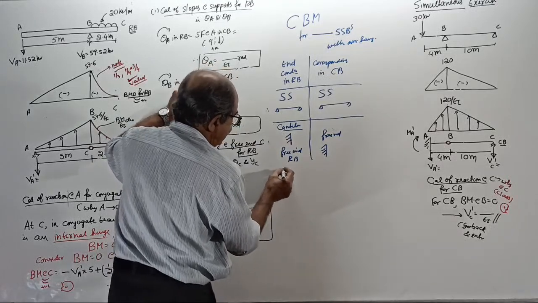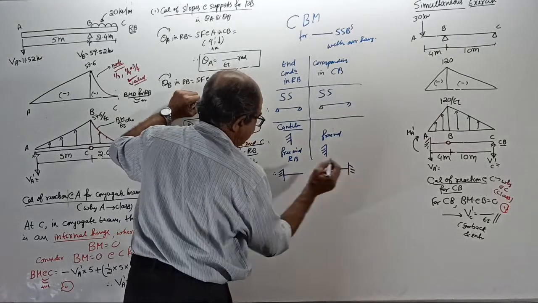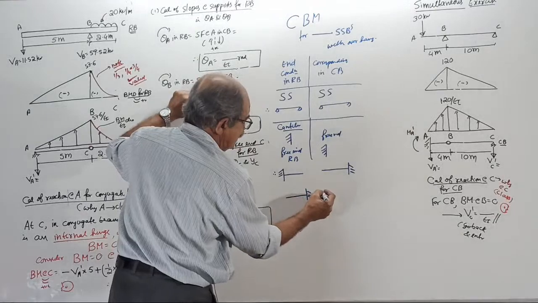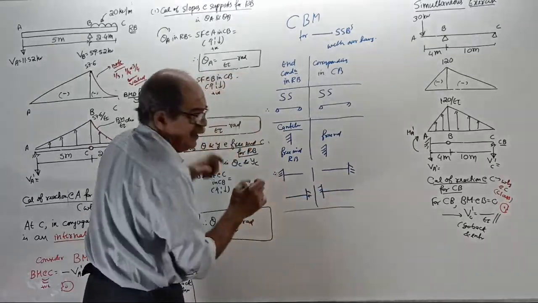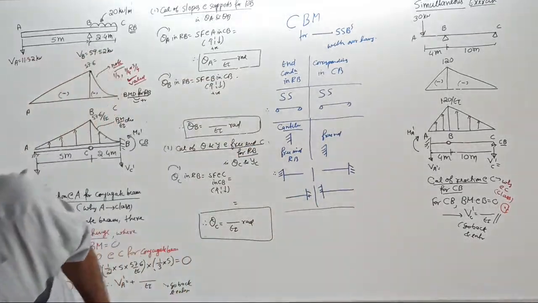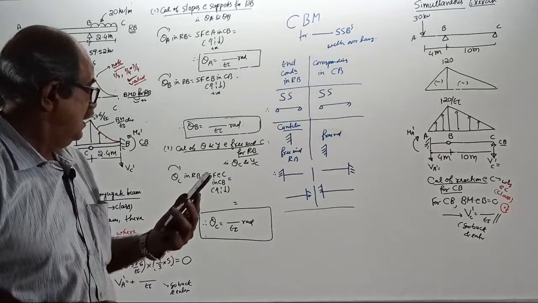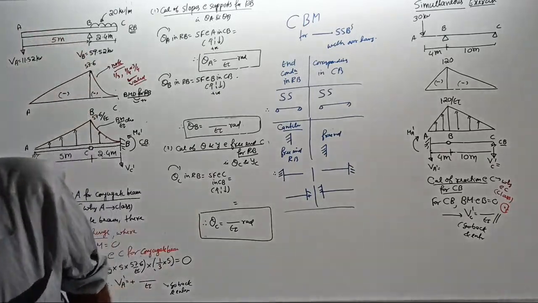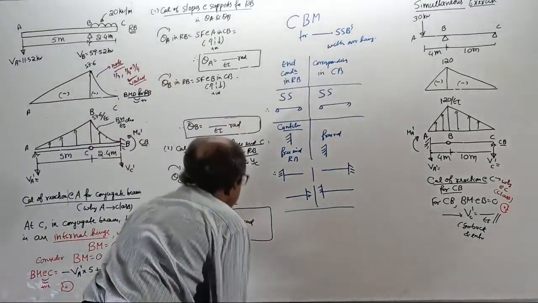Therefore, if the cantilever is like this, conjugate beam will become like this. Whereas if the cantilever is like this, conjugate beam will become like this. This also clear? Now, lastly, overhanging beam. When you have an overhanging beam, be careful.